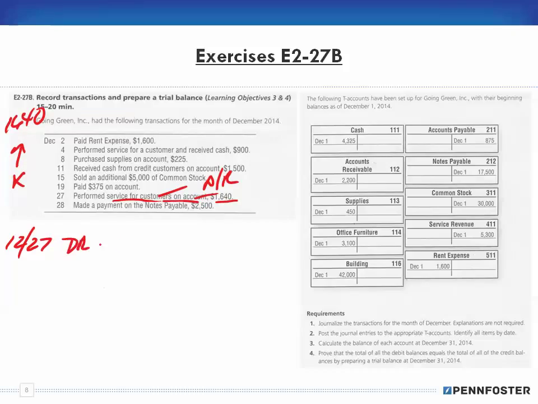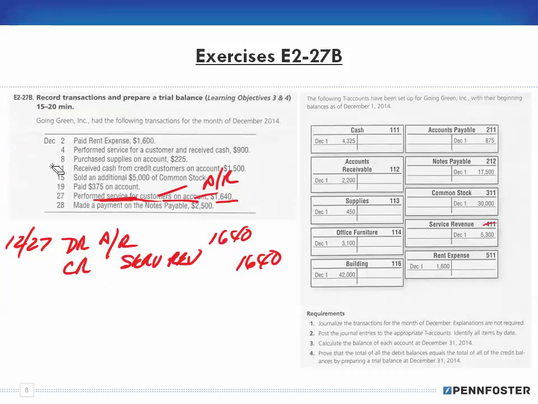So I treat receivables like I do cash. And if it increases, I know that I debit accounts receivable for 1640. And then I credit something for 1640. Well, what am I doing? I'm performing service. That's the normal operation of my business, which is sale. So I credit service revenue. That's all there is to that entry.